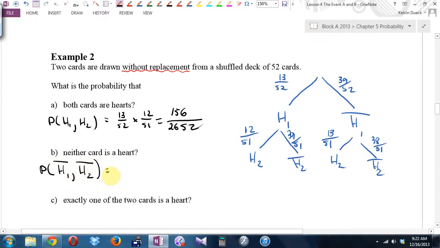Kayvon, what times what? It's going to be over 2652. I have no idea what 39 times 38 is. Sorry? 1482. Foster, we're good? Because your attention span was somewhere.